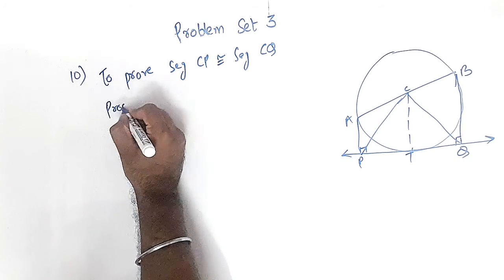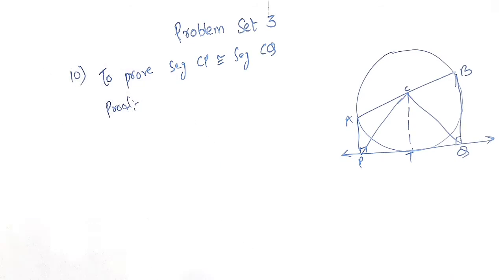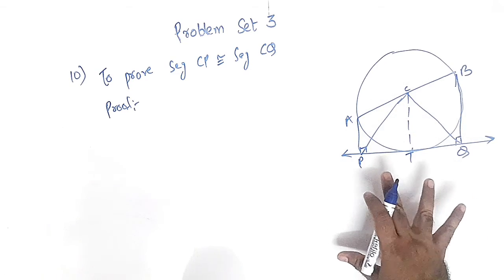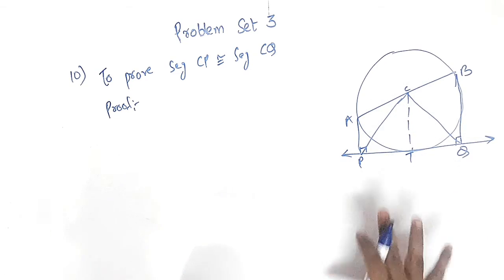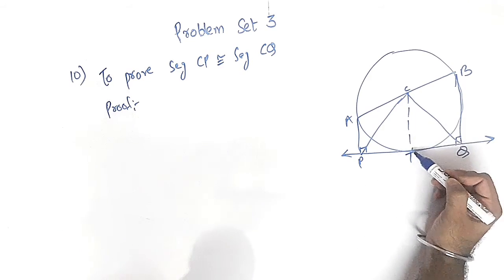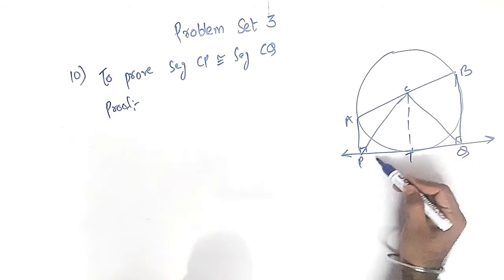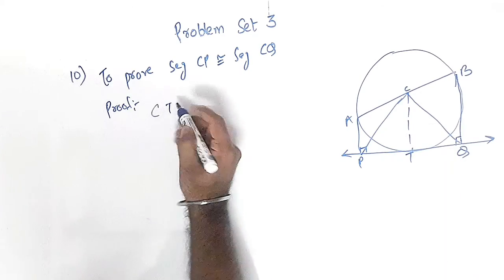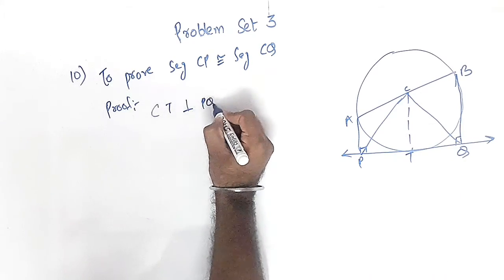Now, let us say triangle CPT and CQT we can take only once we have proper congruent parts. CT we have. You can see this is 90 degrees, so I'll first write CT is perpendicular to PQ.